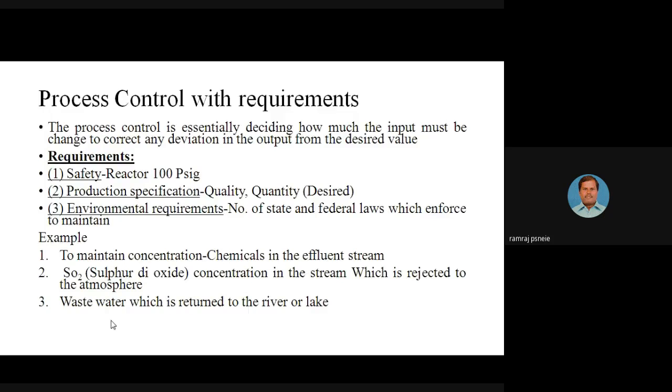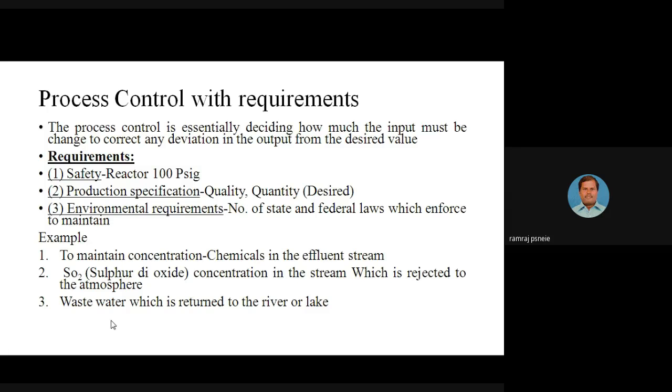Third one is wastewater, which is returned to the river or lake. In industry, a lot of wastewater is produced. That wastewater is left to the river or lake. But the state and federal laws instruct that you should leave wastewater to the river or lake up to a certain level only.